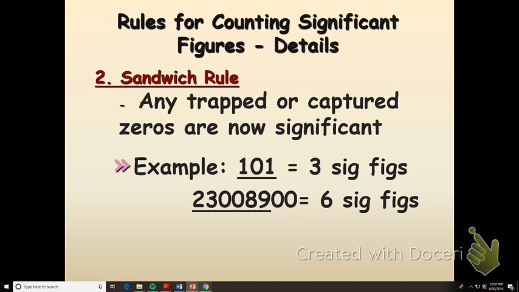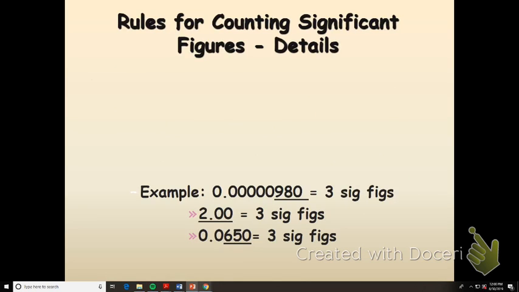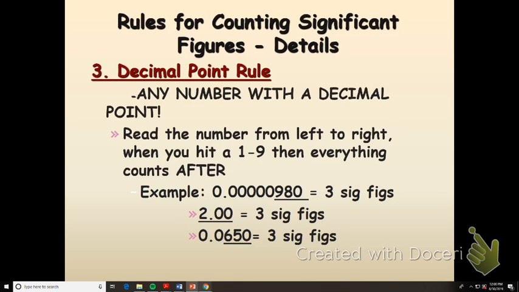Okay? And then the last rule is the decimal point rule, and it's any number with a decimal point. Remember, we read these numbers left to right, and when you hit a 1 through a 9, then everything counts after as a significant figure. So that's why if you look at my examples, I don't hit a number that's not a 0 until it's 9, so everything counts.